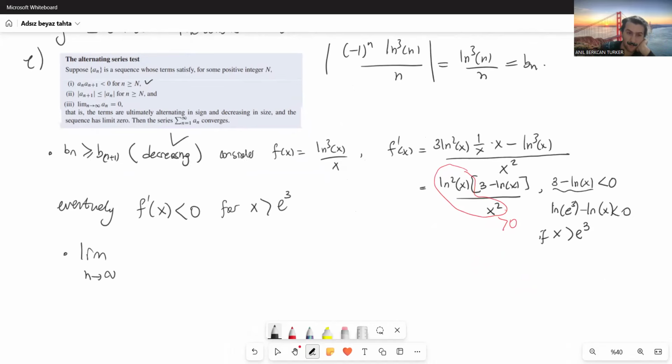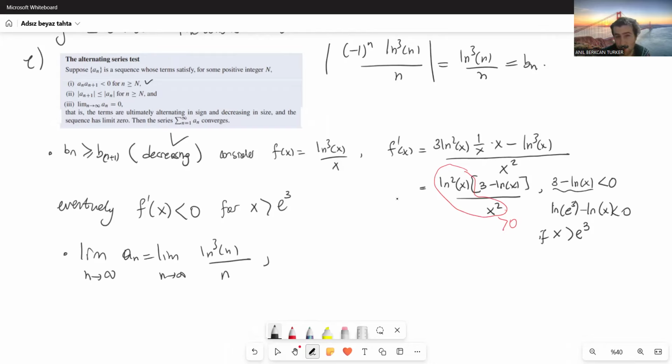Let's show the limit. As n goes to infinity, ln cube n over n. How to show it? It's like obviously L'Hopital's rule, but we cannot apply it here.